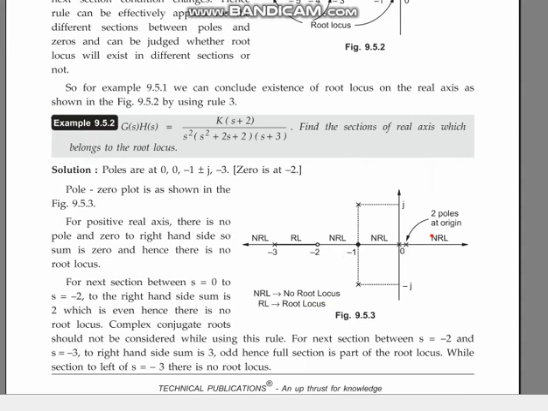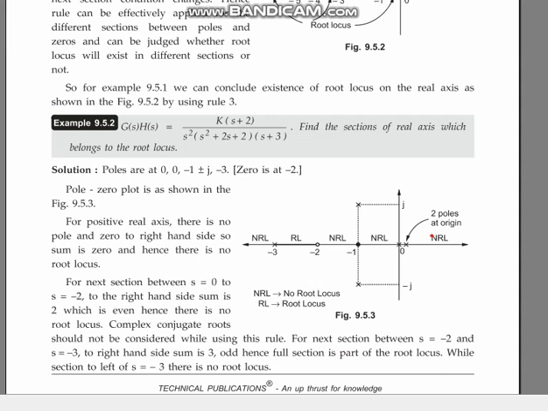Here the root in the numerator is s equal to minus 2, it is a zero, and in the denominator it is s square, so two roots at s equal to 0, and s square plus 2s plus 2, which is a complex root, and s equal to minus 3 is the last one. So poles at 0, where we have to consider 2 poles, another one is minus 1 plus or minus j, and minus 3. And zero is at minus 2.